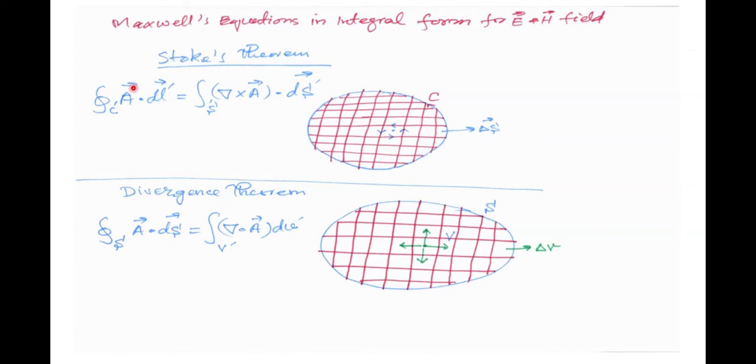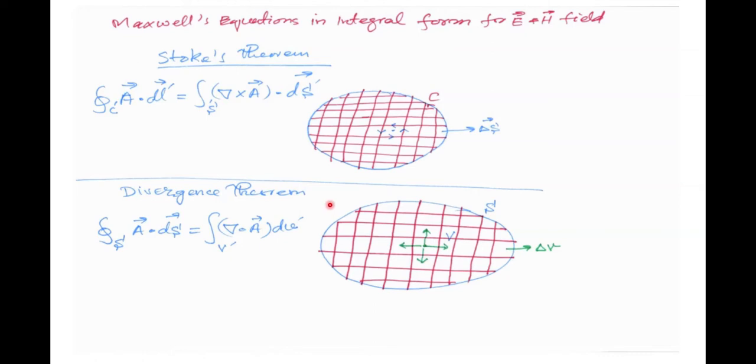So you can convert the contour integration by open surface integration of the curl of that vector, such that the vector which is produced by del cross A is in normal direction to the incremental surface. So you can easily switch from surface integration to contour integration and contour integration to surface integration.